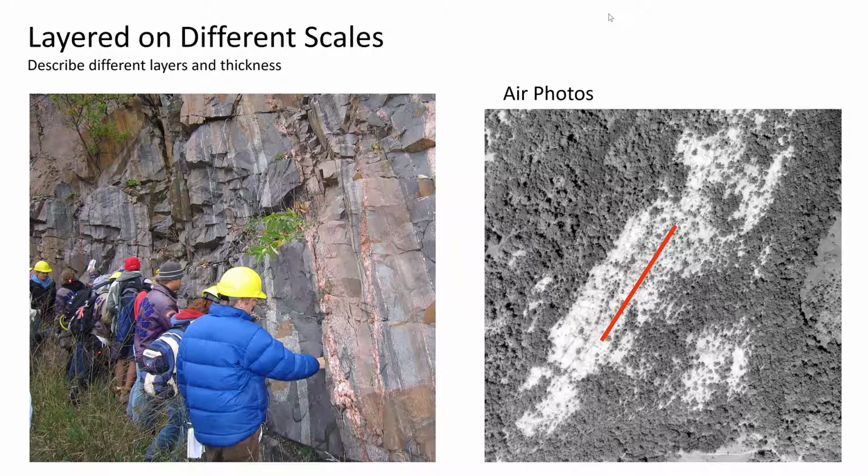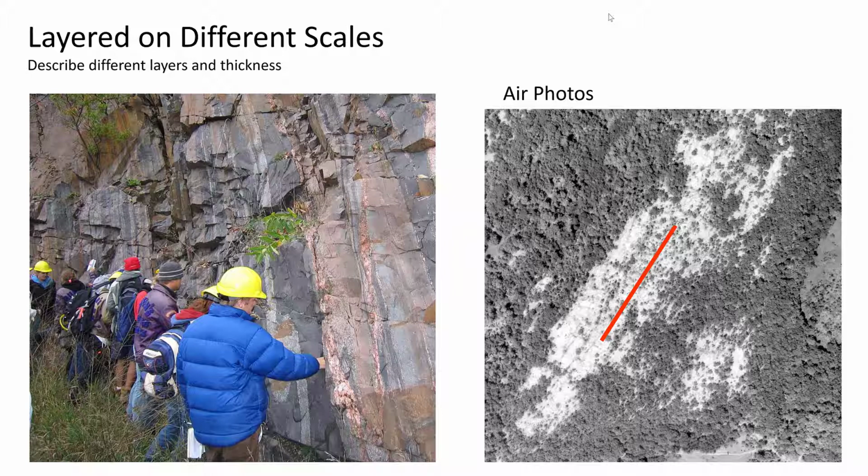Foliations such as gneissic layering are layered on different scales. When you're mapping in the field, just like some upper years shown on the left, it's important to describe the different layers and thickness of the relative layers in your notebook when you're taking the observations, and look at the mineralogy of all phases of the rock.